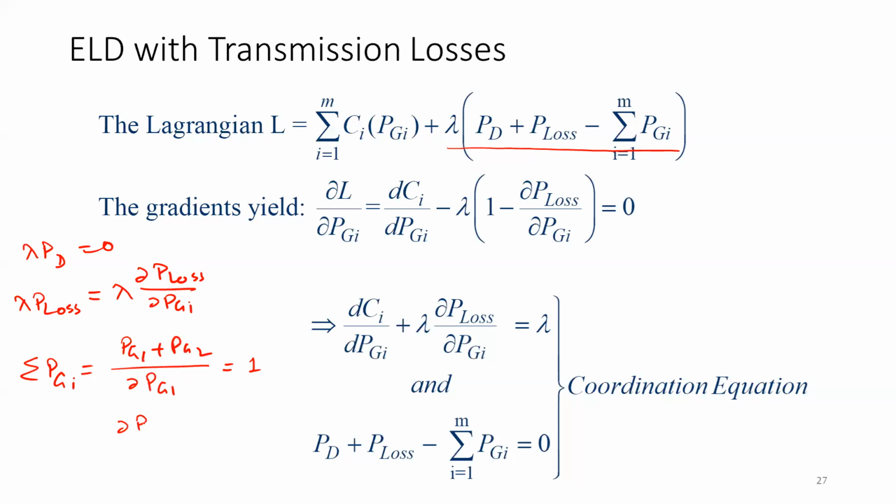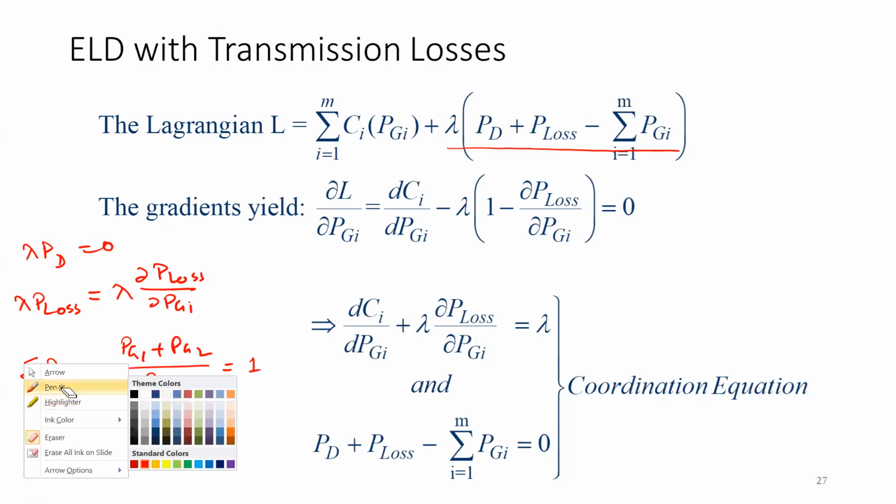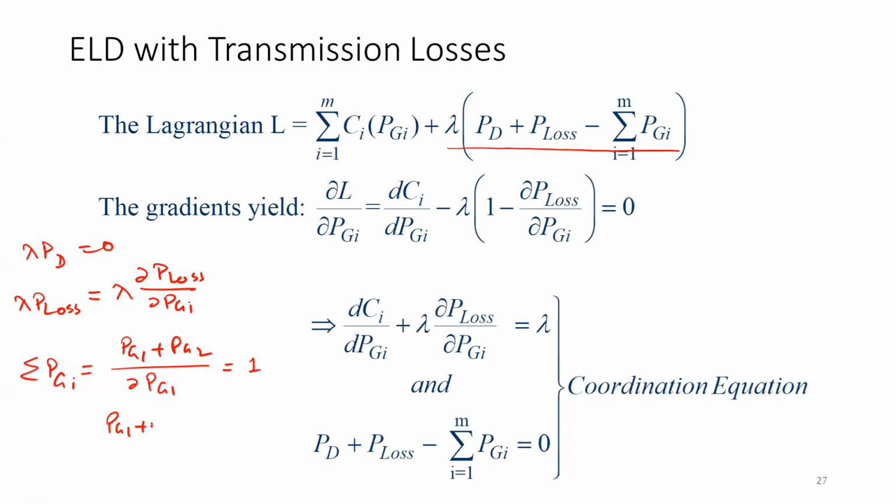And if you do partial derivative of PG1 plus PG2 with respect to ∂PG2, what do you get? You get another +1, isn't it? Yes, sir. So that means this term, if you do partial derivative, it will give you +1. Is it clear up to this?